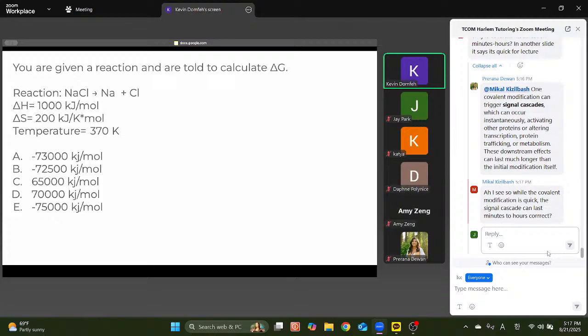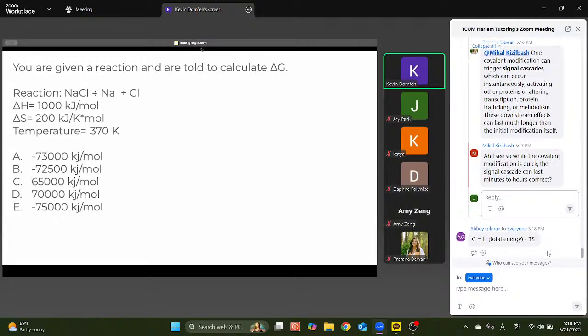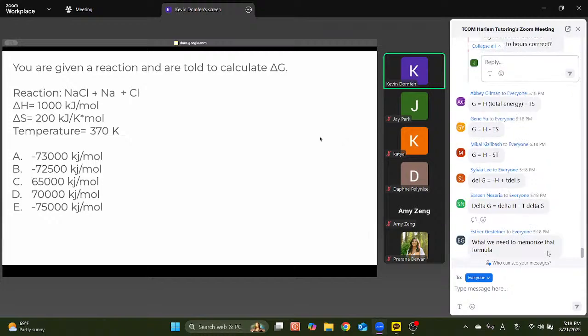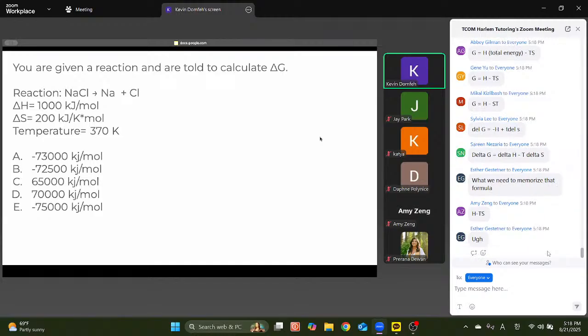And the temperature is 370 Kelvin. What is delta G? First off, before you even answer this question, what formula do you need to use to solve this problem? Before we even look at answer choices, what formula do you need? Yes, you need delta G equals H minus, exactly. So then what's the answer?